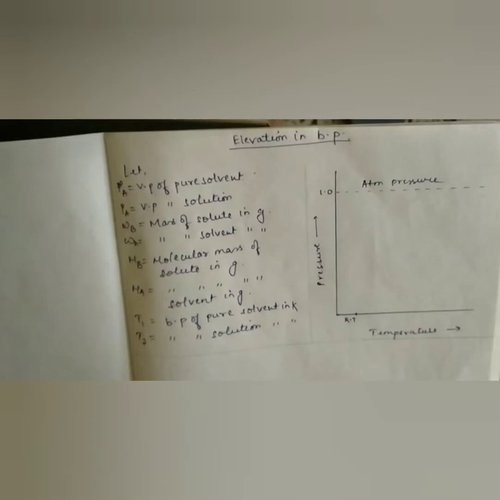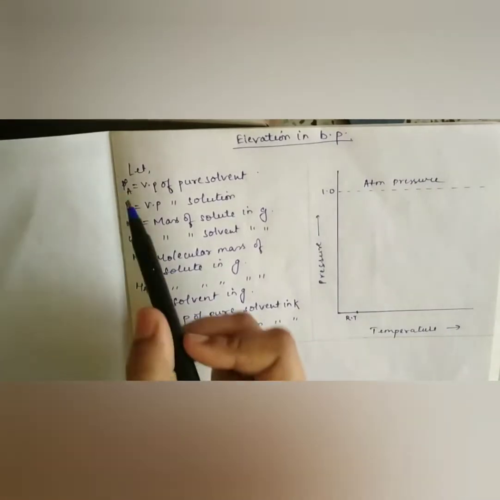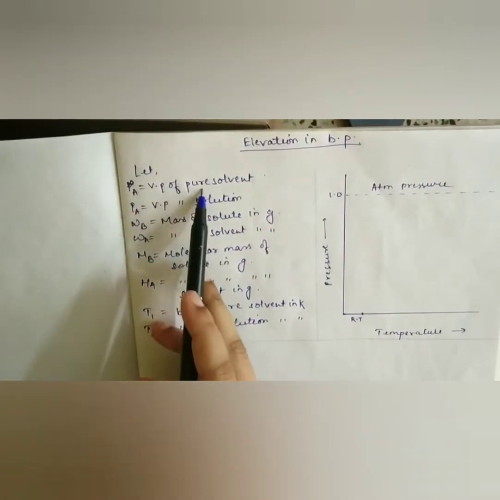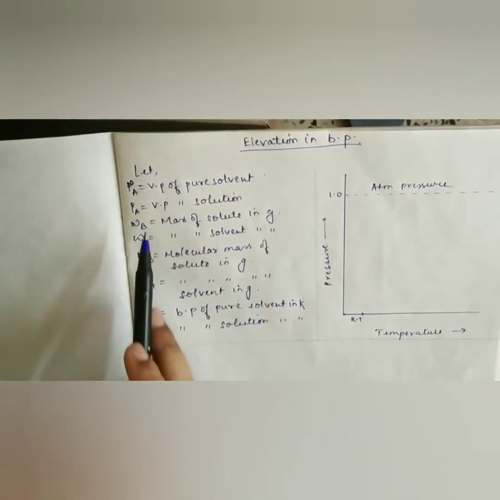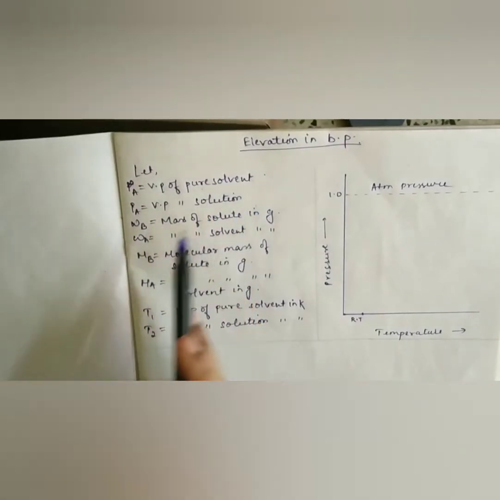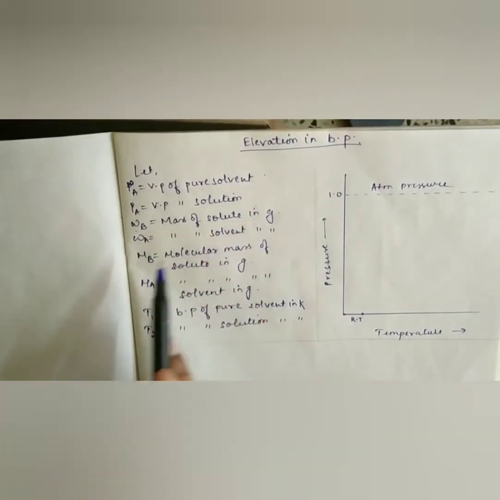So let us first denote some properties. Let P naught A be the vapor pressure of pure solvent. PA is the vapor pressure of solution. WB be the mass of solute in gram.